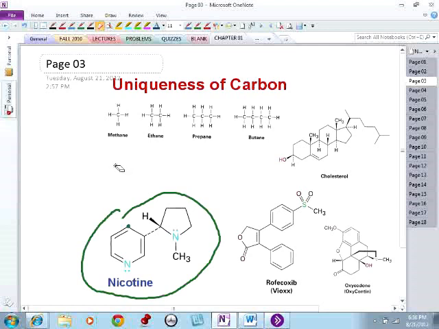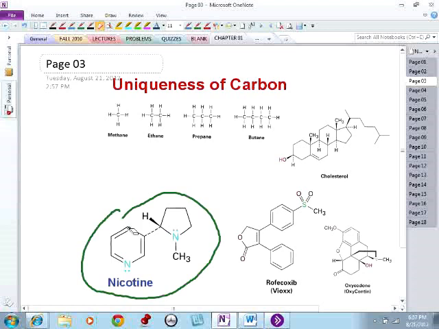After I've said that, are you going to smoke cigarettes from now? No smoking cigarettes, right? It kills you. Okay, this is that molecule, the line bond structure of nicotine.